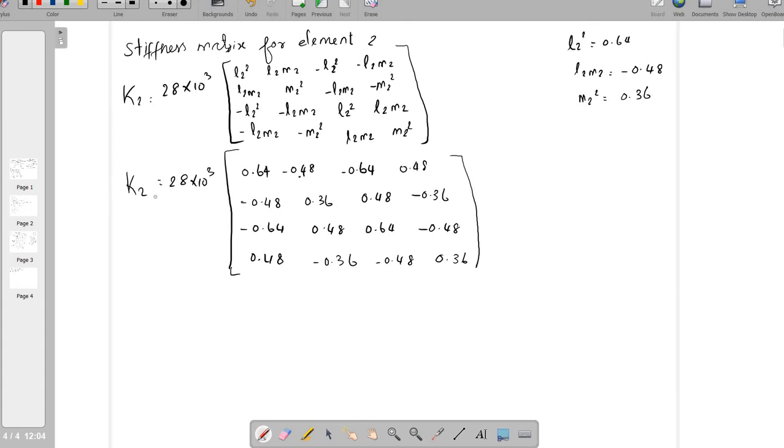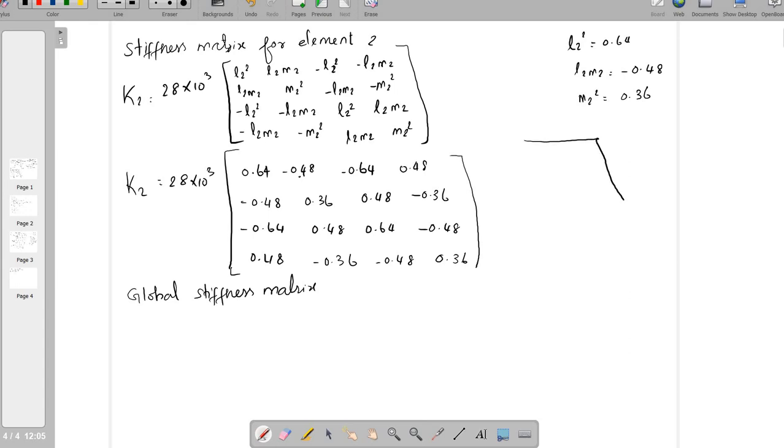Now we have to assemble the global stiffness matrix, also called the structure stiffness matrix. Different names are there. So I can write global stiffness matrix. We can number this matrix. The element 2 stiffness matrix connects with nodes 1 and 3, so it has displacement coordinates.